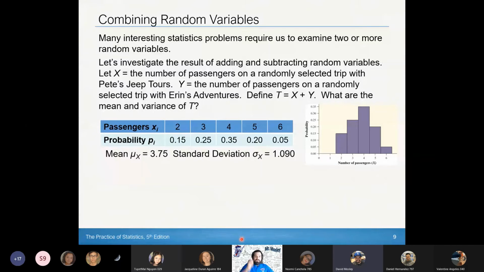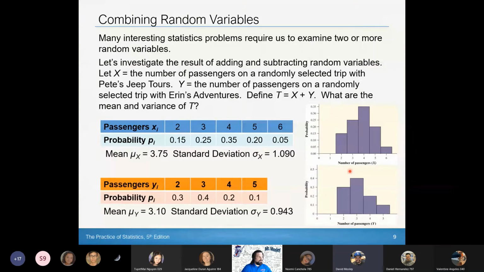So we have our provided information, the same probability distribution from the beginning of the example, where we are looking at passengers and probability. We had a mean of 3.75 and standard deviation of 1.090. And here's our histogram. For Erin's Adventures, notice that she has less variability in the number of passengers.